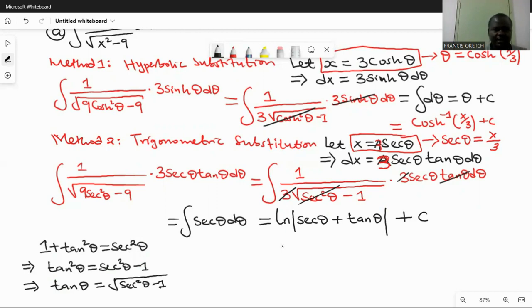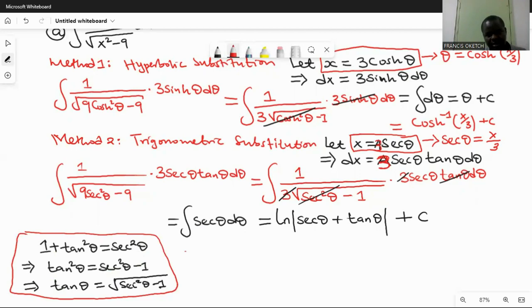So we go back to our answer. This was just a note. I can just bracket it so that you see what is happening. So this answer can now be written as a natural log of sec theta plus, instead of tan theta, the square root of sec squared theta minus 1.